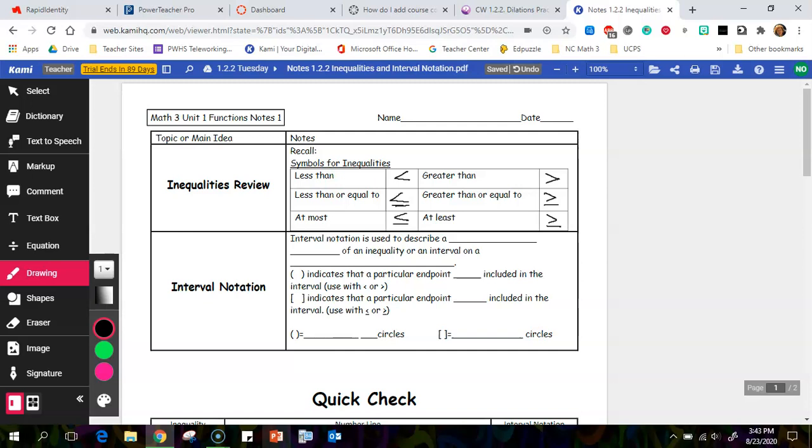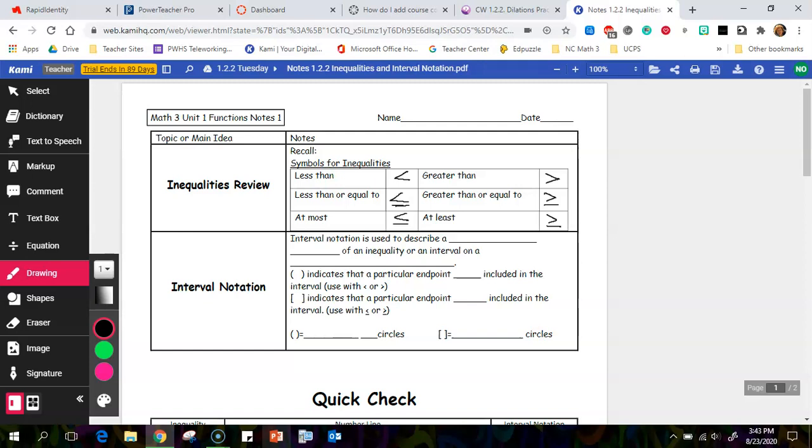If you go to Carowinds or an amusement park and it says you have to be at least this tall to ride this ride, that means if it says you have to be at least 5 feet tall, then you could be 5 feet, 5 feet 5 inches, 6 feet, 7 feet, whatever. That doesn't really happen, but anyway. So the at least means that all the numbers greater than or equal to that number would apply.